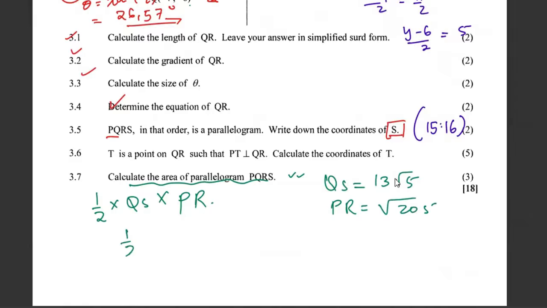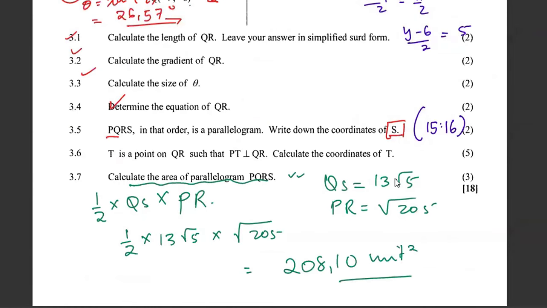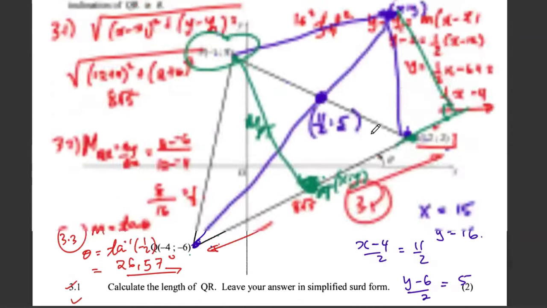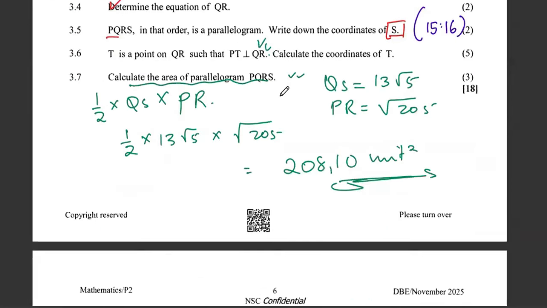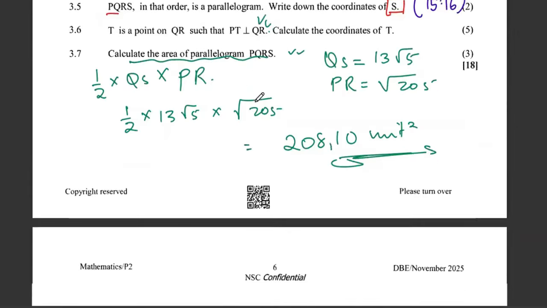And then I'll just multiply that. So that is 13√5 multiplied by the square root of 205, and this gives me 208.10 units squared. I don't know, but with this 90, we can use it to also get the answer. Please help us in the comment section with how you navigated this question, but that's what I'm getting. So probably the answer must also be close to something of the sort.